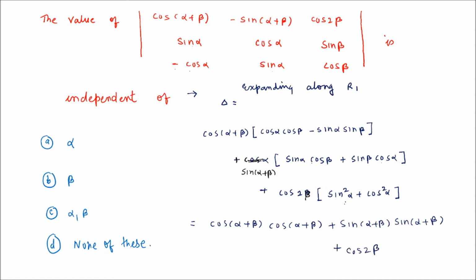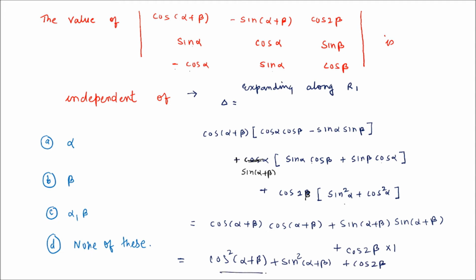So sine square alpha plus cos square alpha means 1 will come. So this is equal to cos of alpha plus beta into cos of alpha plus beta means cos square of alpha plus beta, plus sine of alpha plus beta into sine of alpha plus beta, sine square of alpha plus beta, plus cos of 2 beta.